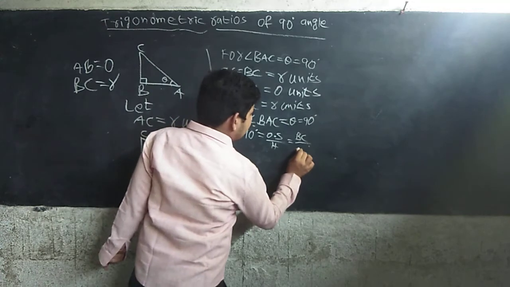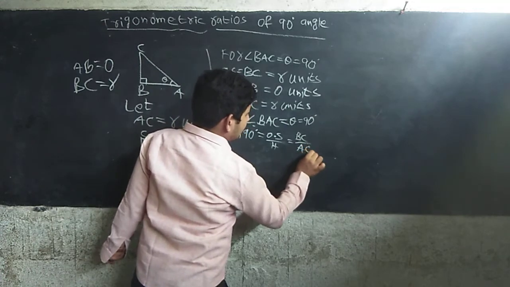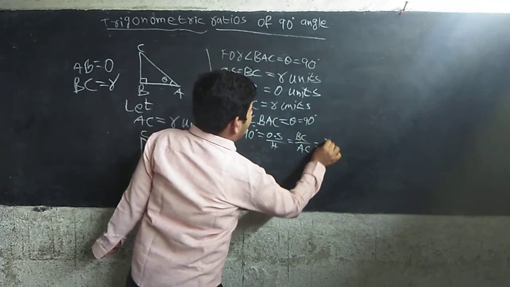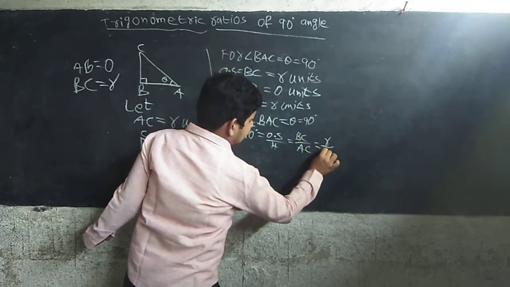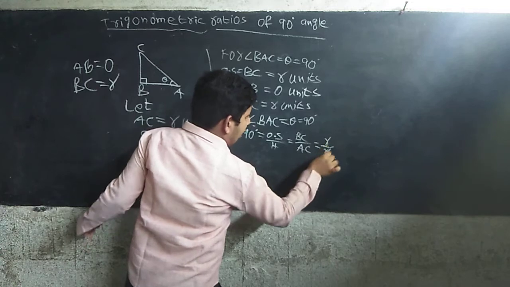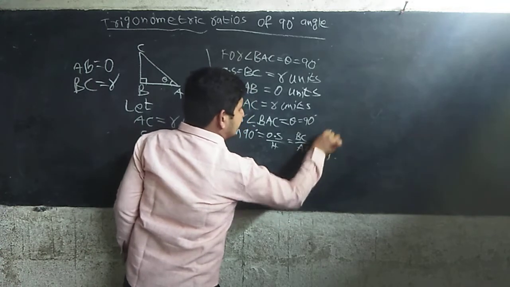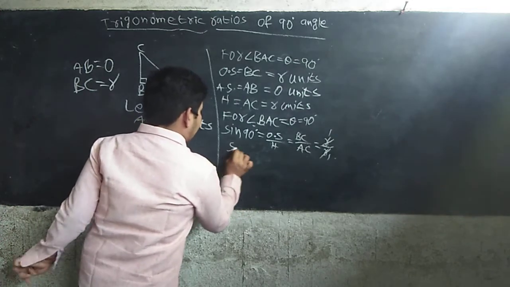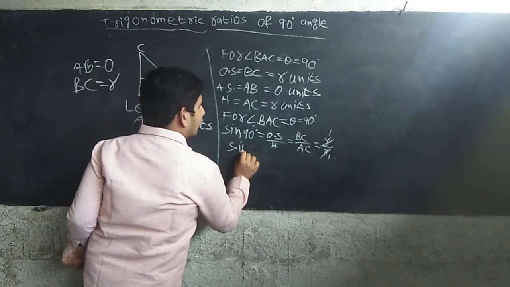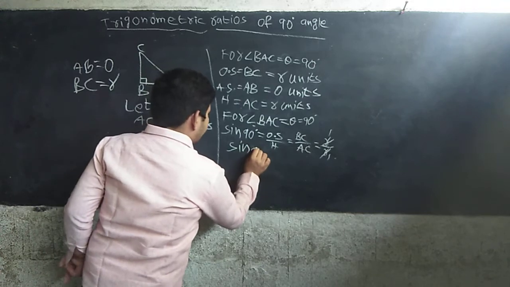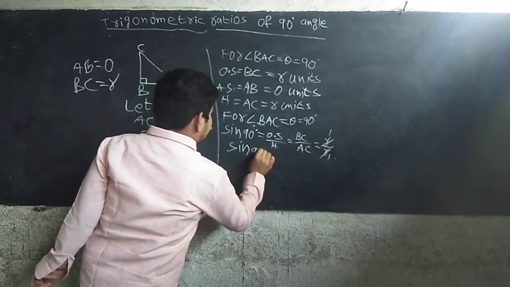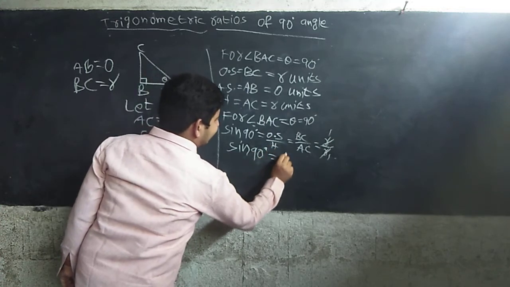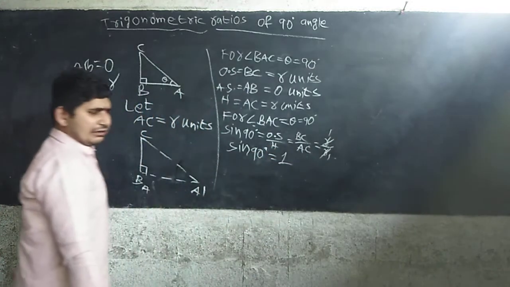So BC by AC. BC equal to R, so R by R. R gets cancelled, equal to 1. So sin 90 degrees is equal to 1.